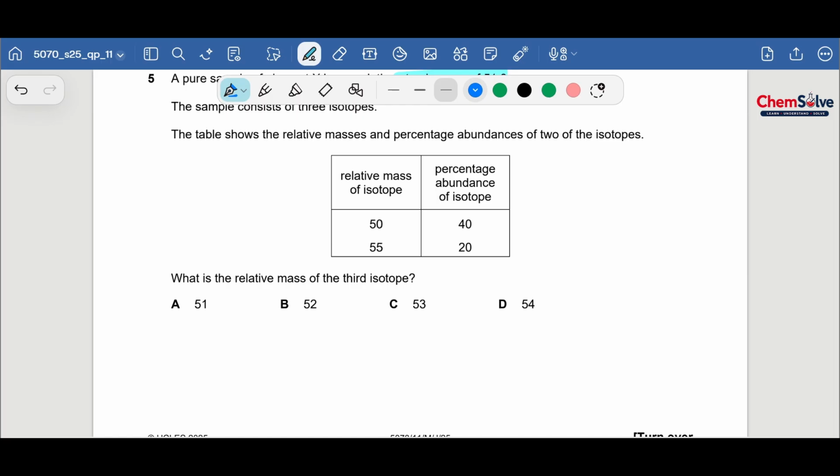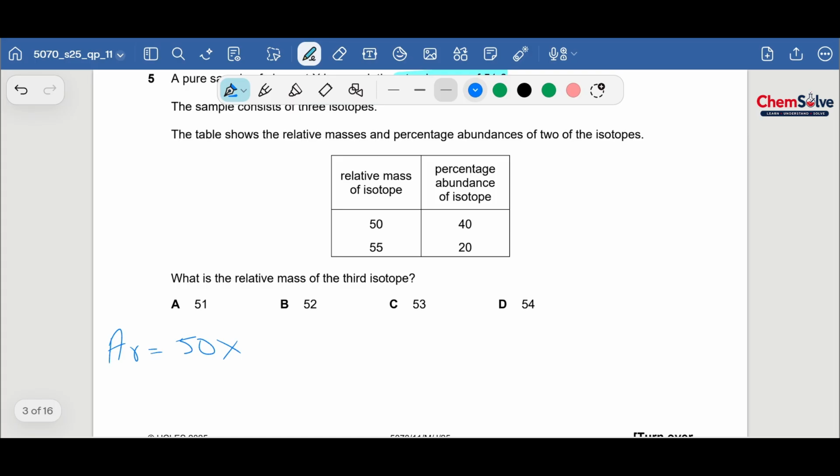Okay, so the formula is Ar, atomic mass, is equal to the relative mass of the first isotope multiplied by the percentage abundance of that isotope plus the relative mass of the second isotope multiplied by the percentage abundance of that isotope, and so on, divided by 100. So the first isotope has mass 50 and its abundance is 40.